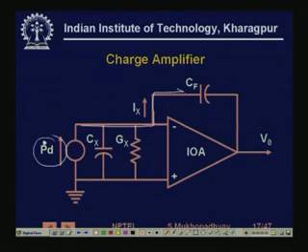Now you see that this current will flow into this path. Why not this path? Because this is an amplifier, so this is maintained by virtual ground. So the potential difference across this resistance is nearly 0. Therefore the current flow into these impedances is going to be negligible.